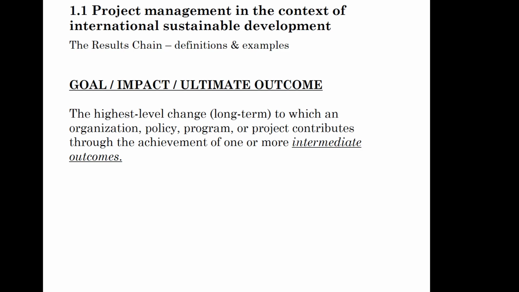It could be a goal written as increased food security of food insecure populations in region Y of country X. It could be as well formulated as improved equitable health of girls and boys under age 5 in rural areas of region X in country Y. So as you see, these are not results that can be achieved in the short run. These are only results to which the project, through your project interventions, can contribute in the long run.